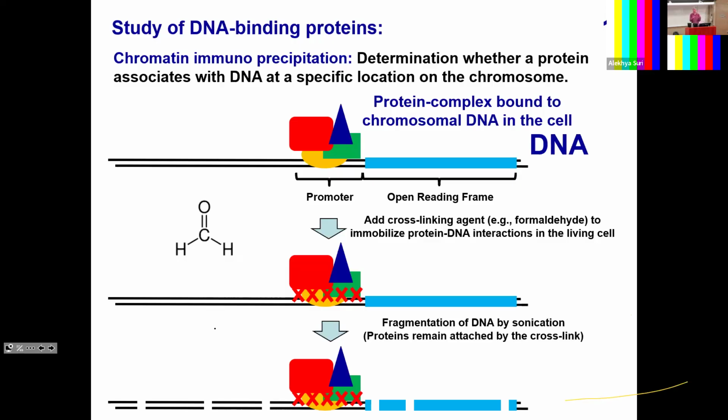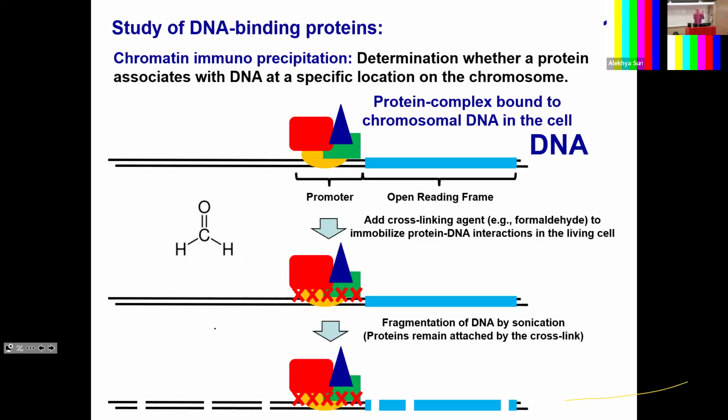So this is in the living cell. This is basically to prevent it from moving around. So you just snap freeze this by adding the formaldehyde. And so this captures a certain moment in the living cell. But after adding formaldehyde, the cells are, of course, dead.